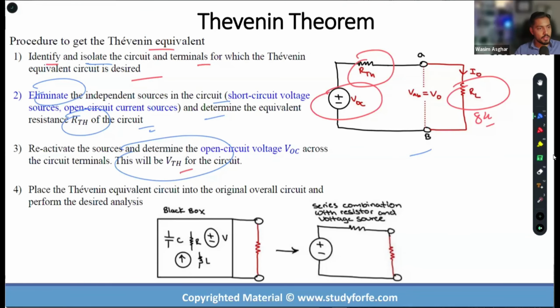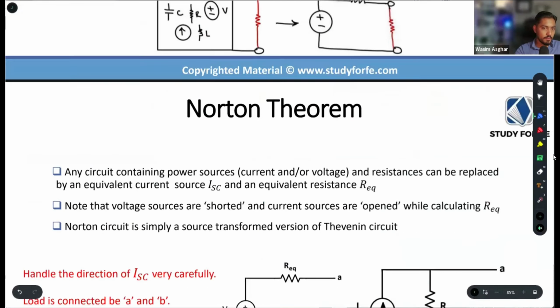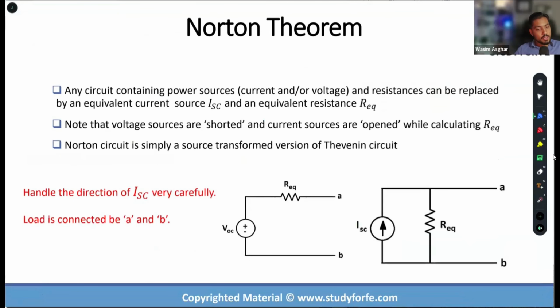So what is the through line between Thevenin theorem and the Norton theorem? Norton theorem, guys, is a source transformed version of Thevenin theorem. I have students who actually solve Norton theorem problems using Thevenin theorem, calculate VOC, calculate R equivalent, and basically perform a source transformation to convert the Thevenin equivalent into a Norton.